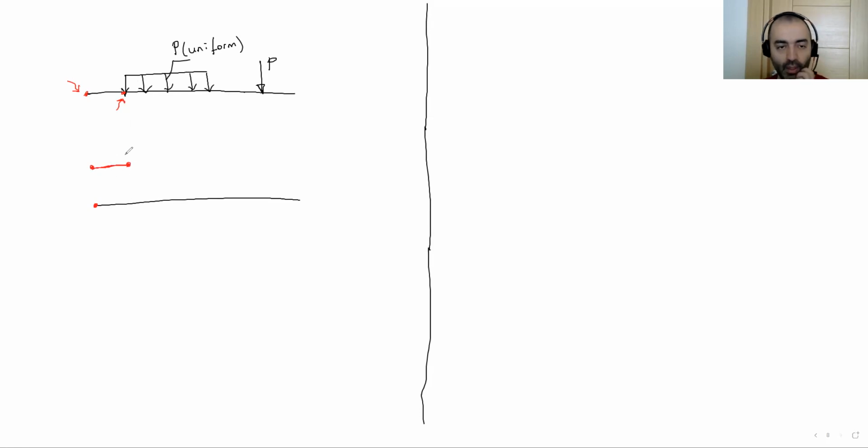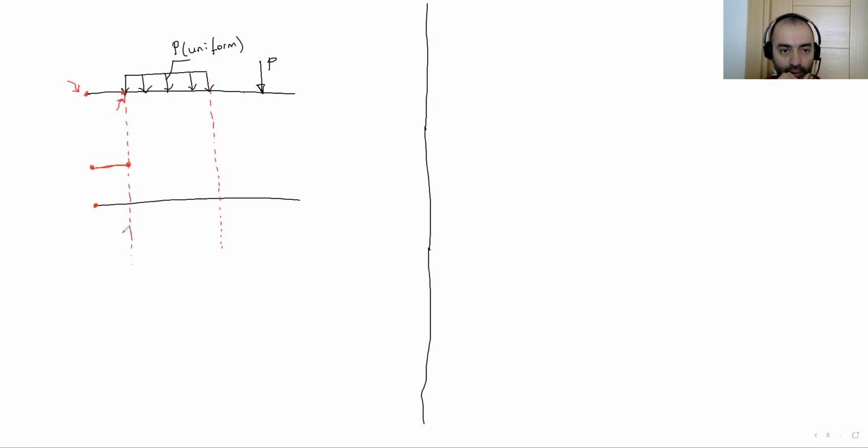And now I have a uniform distributed load. This is the end of the distributed load. This is the start point.